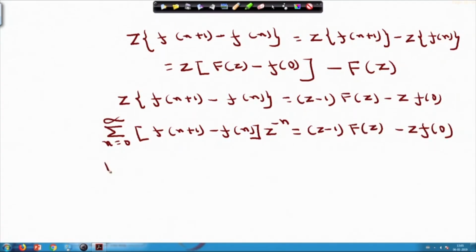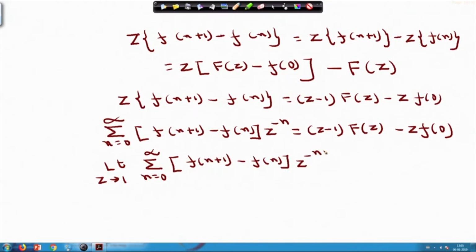So, from here, as z approaches 1, the summation n equals 0 to infinity of f of n plus 1 minus f n into z to the power minus n equals the limit as z approaches 1 of z minus 1 into F z minus the limit as z approaches 1 of z into f 0.